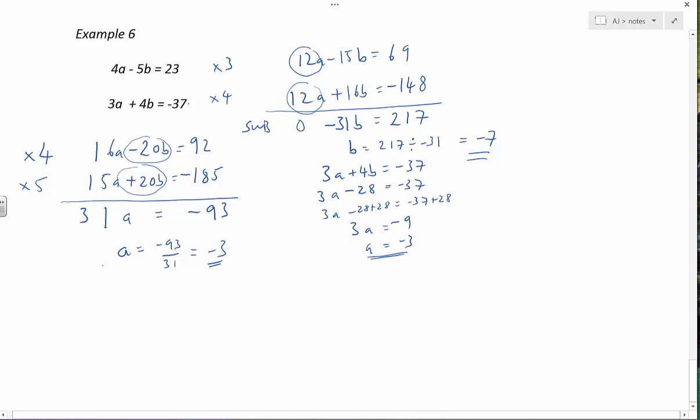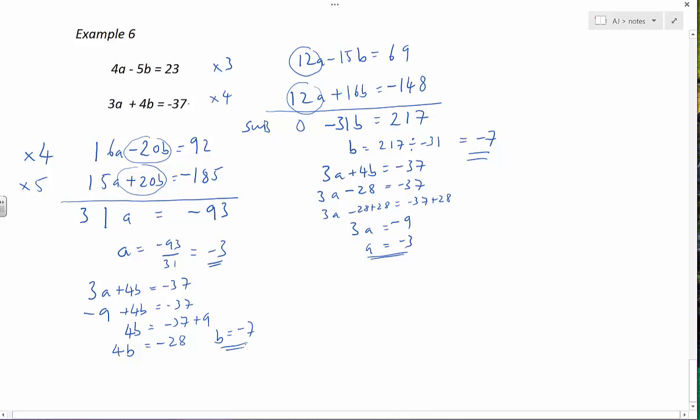So if a is minus 3, and 3a plus 4b is minus 37, then 3a would be minus 9. Add 9 to both sides. So 4b would be minus 28. So b would be minus 7 as before.